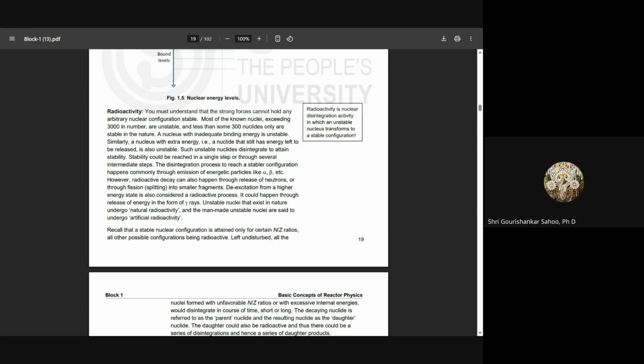However, radioactive decay can also happen through release of neutrons or through fission, or splitting of a larger nucleus into smaller fragments. De-excitation from a higher energy state is also considered a radioactive process. It could happen through release of enormous energy in the form of gamma rays. Unstable nuclei that exist in nature undergo natural radioactivity, and man-made unstable nuclei are said to undergo artificial radioactivity.